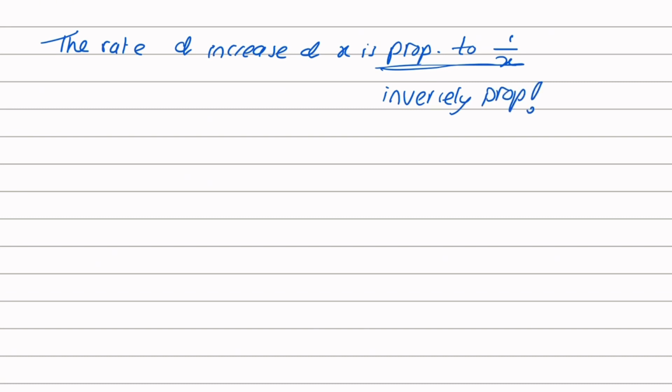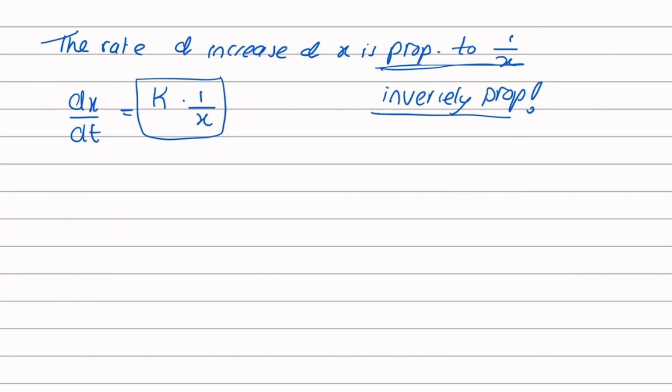Okay? So notice when he says inversely proportional, he means that it's proportional to 1 over x. What this means is just you're going to say that dx on dt is equal to, obviously, a constant of proportionality times 1 over x. In other words, this over here being proportional to 1 over x is just the same as saying inversely proportional.